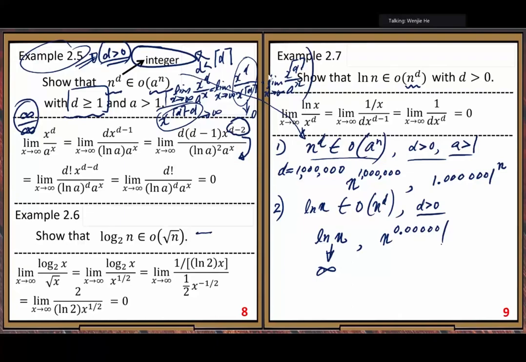This small exponent satisfies the condition d greater than 0. So you need to take the root. If we write the root form, maybe 1 million.